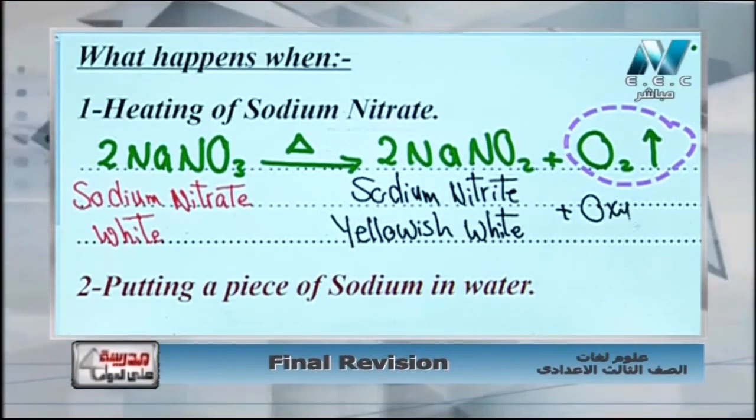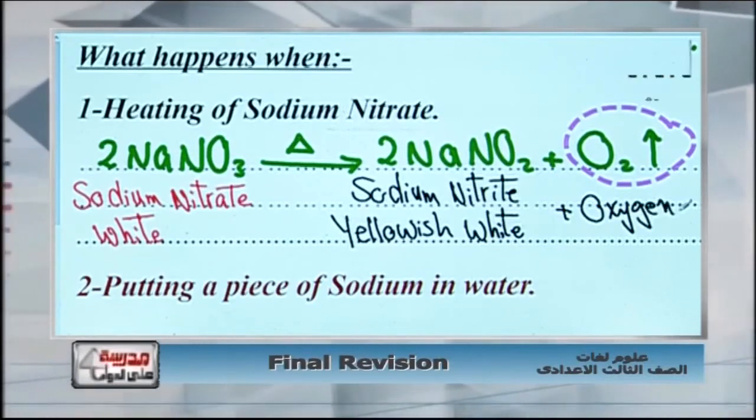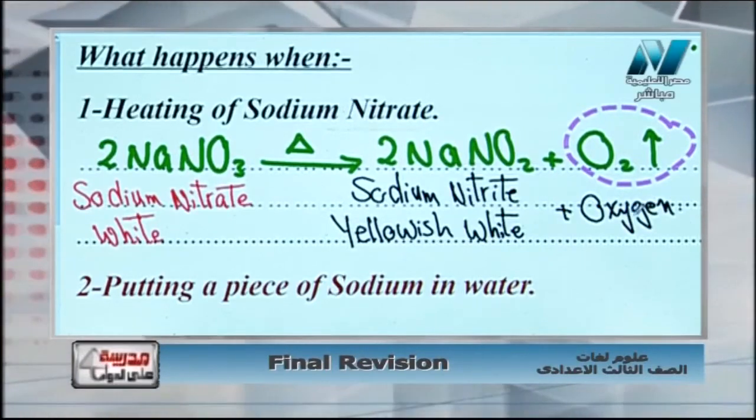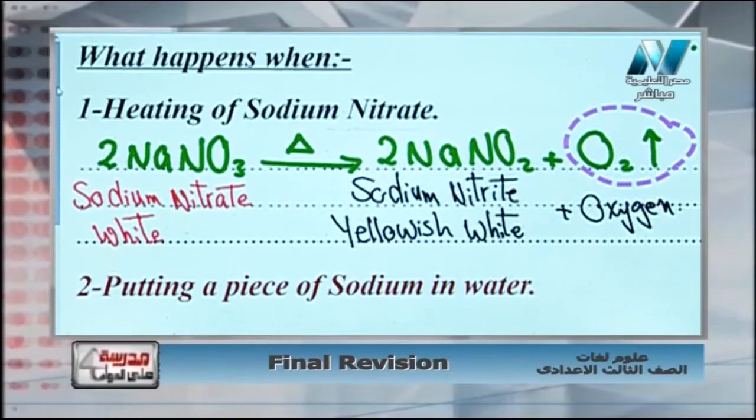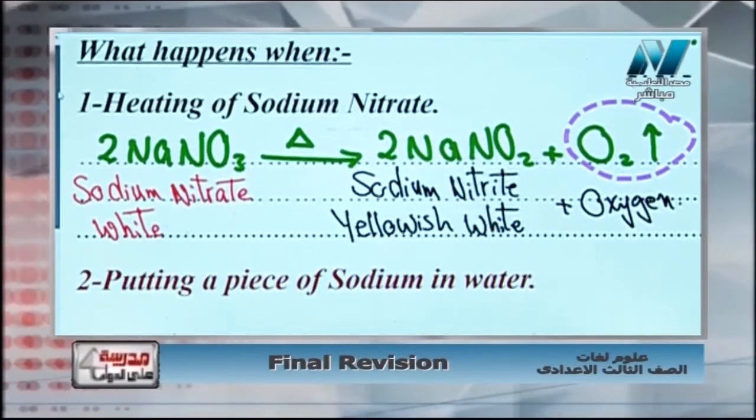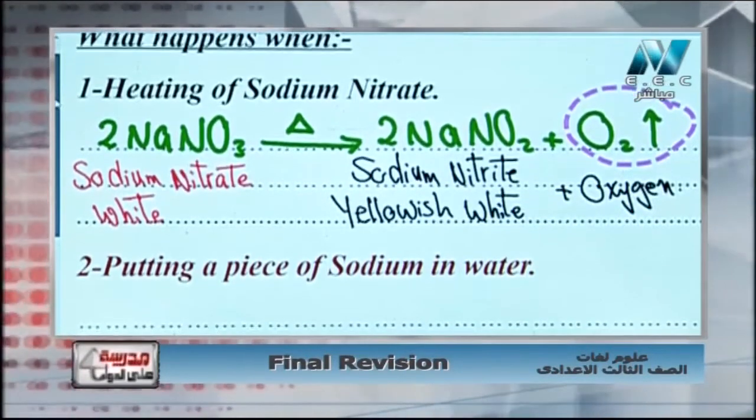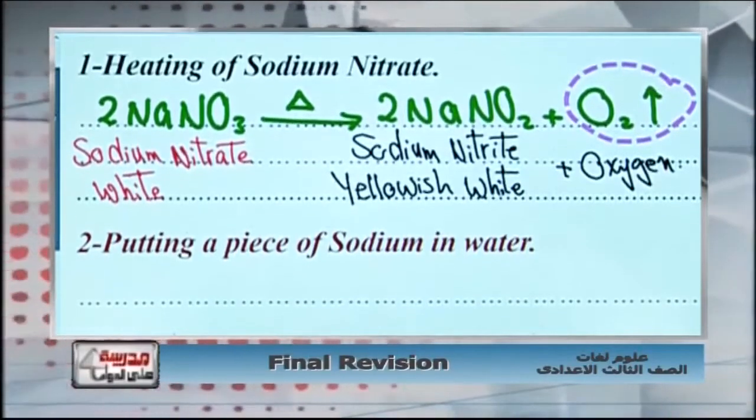So now we can answer the what happens when by using the chemical equation, but not only by the symbols. We should write the names and colors as possible below the chemical formula.